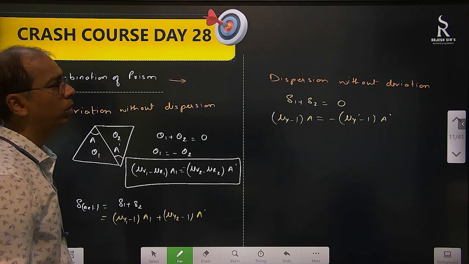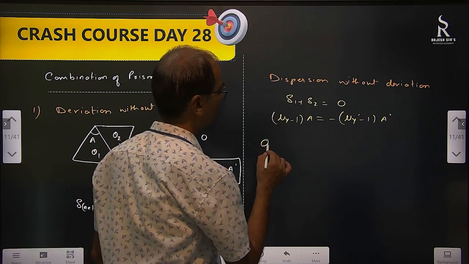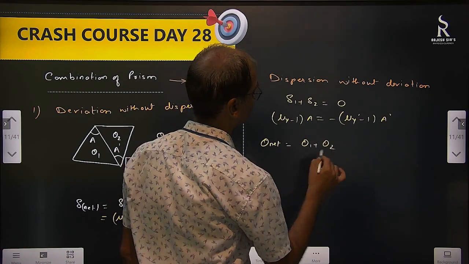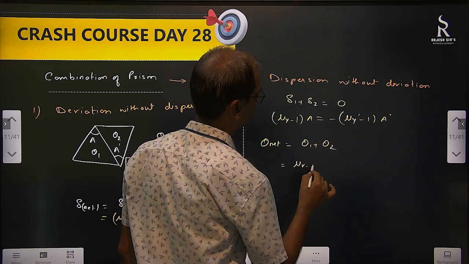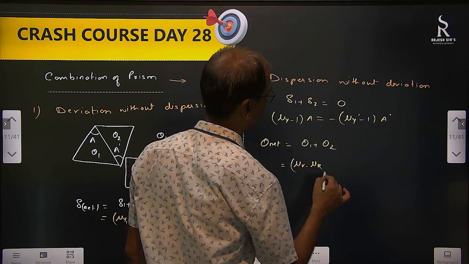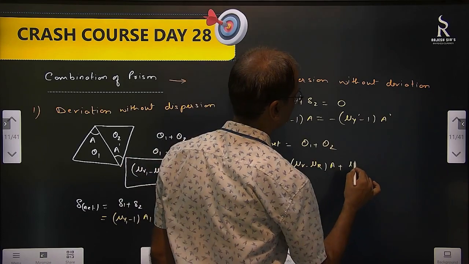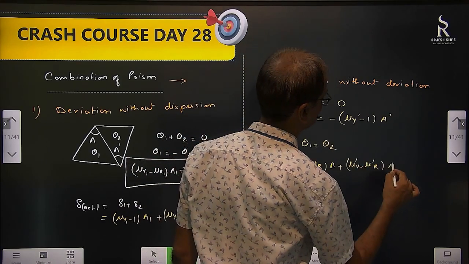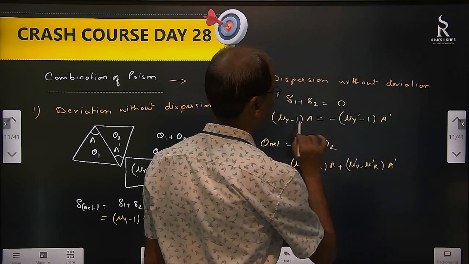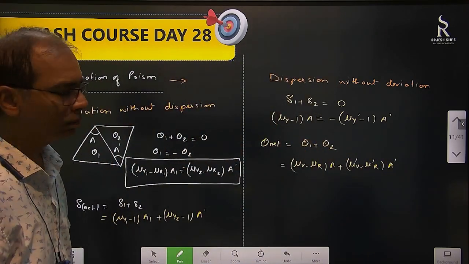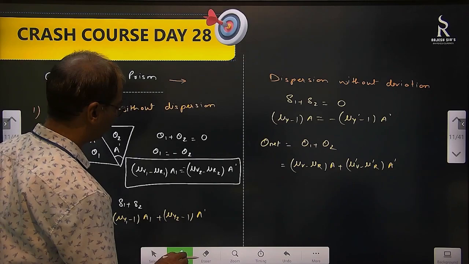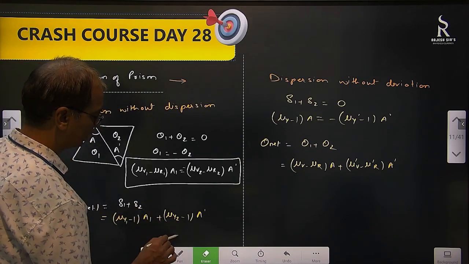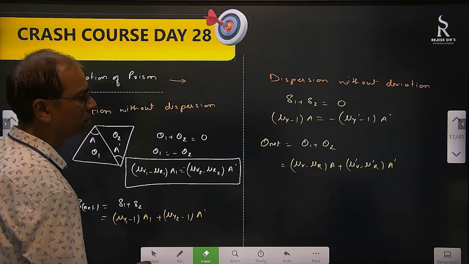Then what you want? Dispersion. Now dispersion will be what? Theta 1 plus theta 2. So here mu v minus mu r into A plus mu dash v minus mu dash r into A dash. A dash value will be putting from here. Here also we'll put it in terms of dash only.